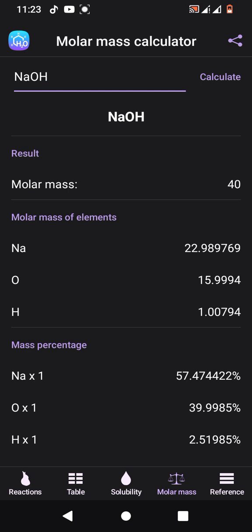You should be able to calculate the molar mass of any compound yourself. But in cases of emergencies, or maybe in some cases you are calculating very large amounts of some compounds, so you could just punch your compounds right here, but it is very advisable to practice it yourself.